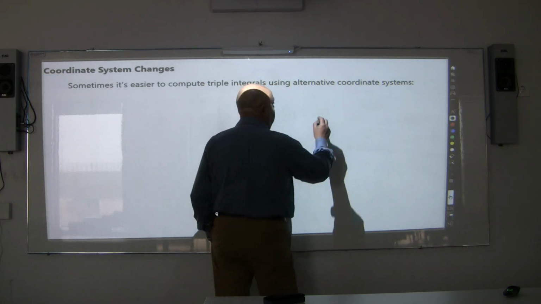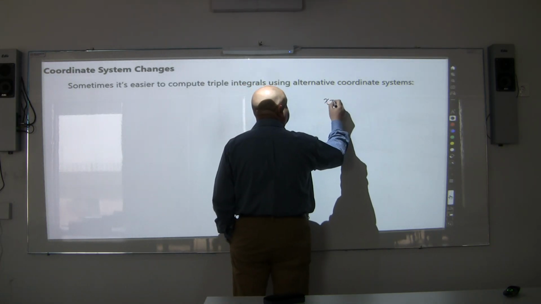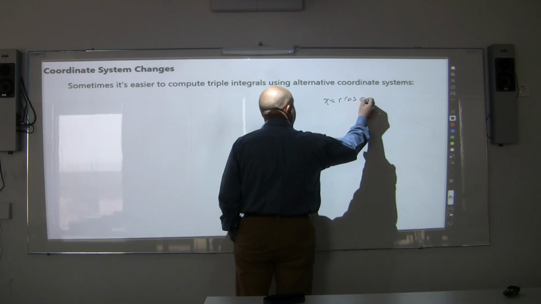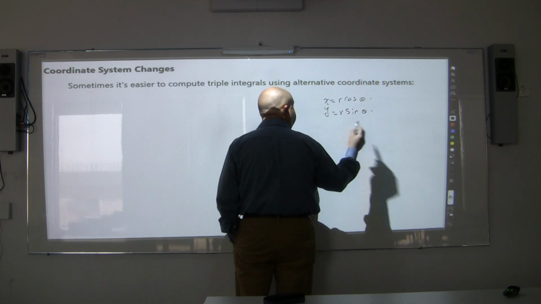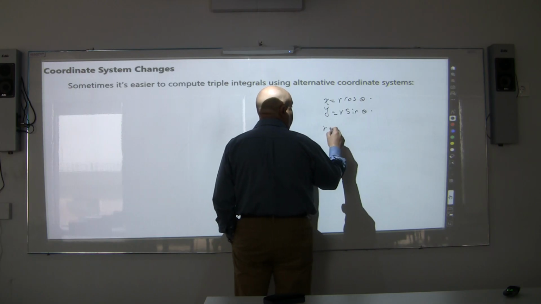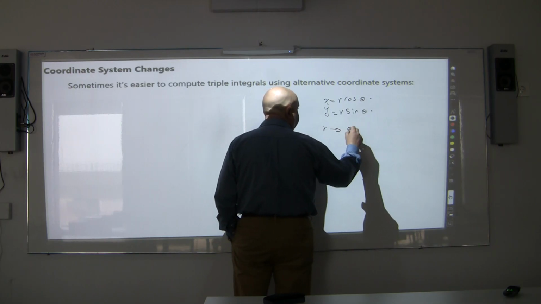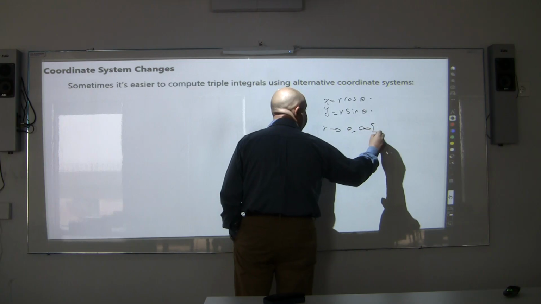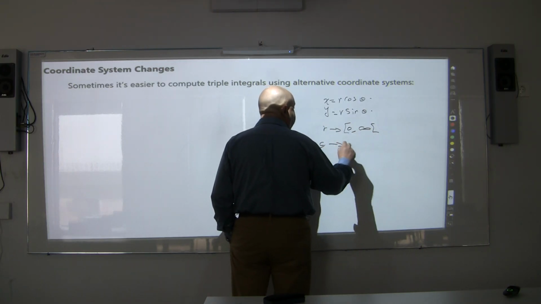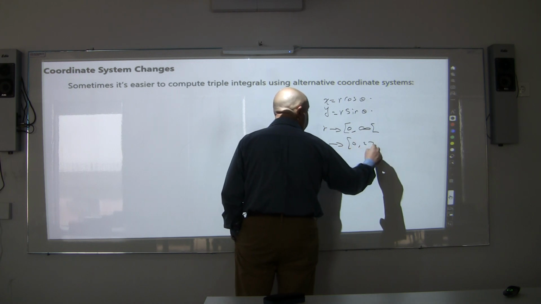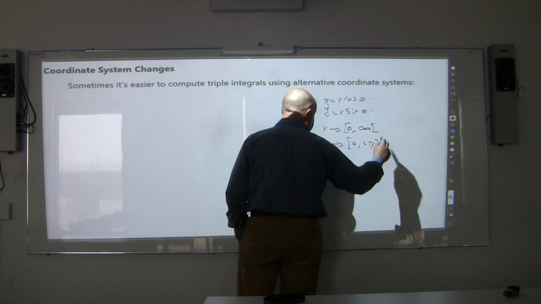If you remember, I can replace x by r cosine theta, and y can be replaced by r sine theta. And r is running from 0 up to infinity, that's the limitation of r, and theta will be running from 0 up to 2 pi.